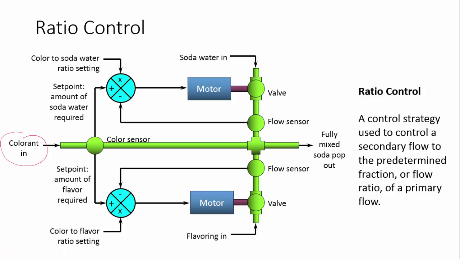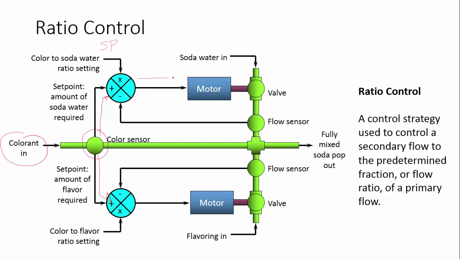We have a sensor here which is measuring color, and we're sending this signal up to this summing junction and to this summing junction. This summing junction has a set point for the color to soda water ratio. So this is a set point to tell me the ratio of the color to soda water.